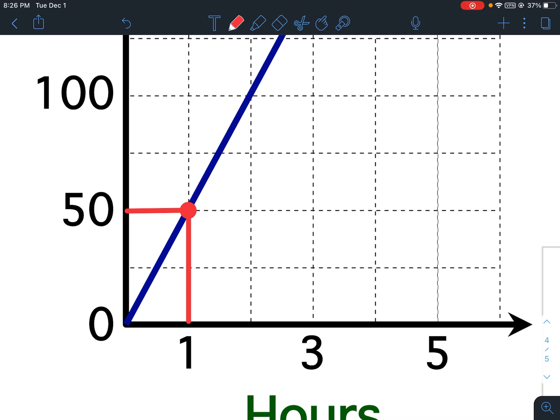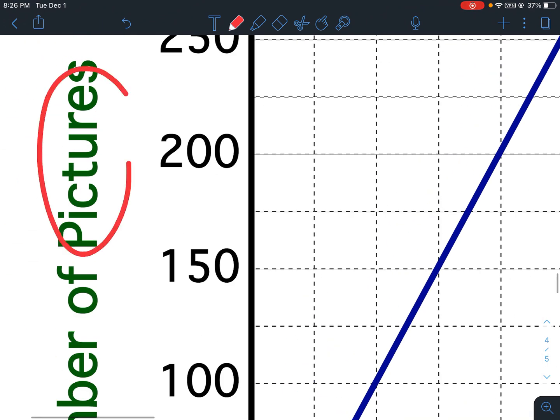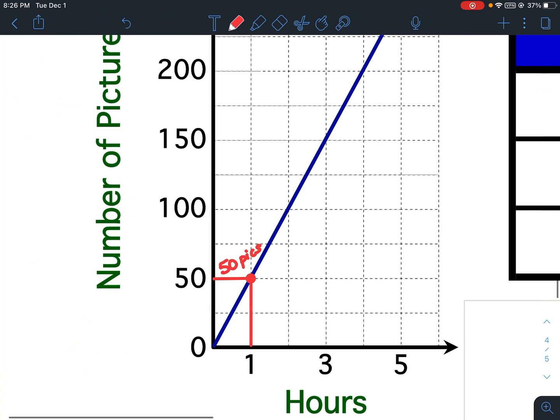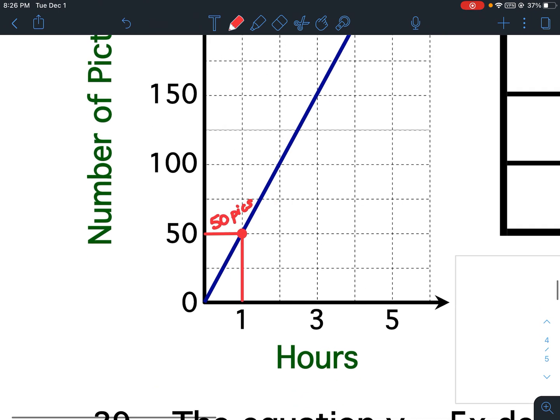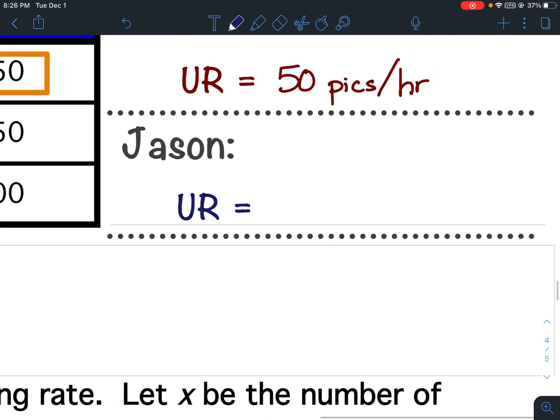So that would be 50 pics. How do I know? Because the y-axis represents pictures. So 50 pics in 1 hour. So for Jason, his unit rate is 50 pictures per hour.